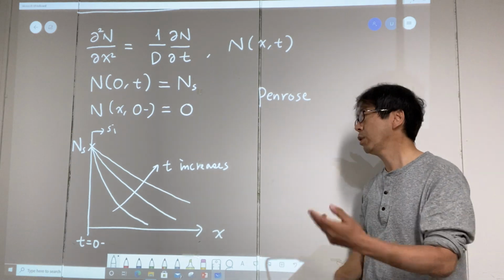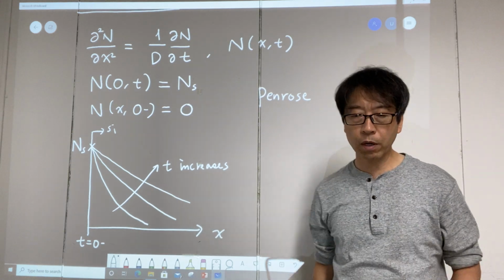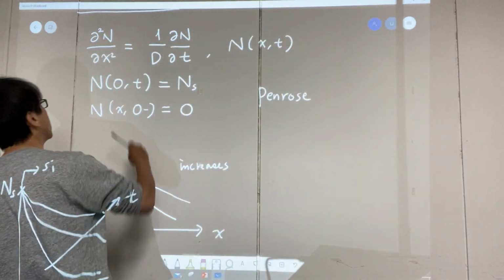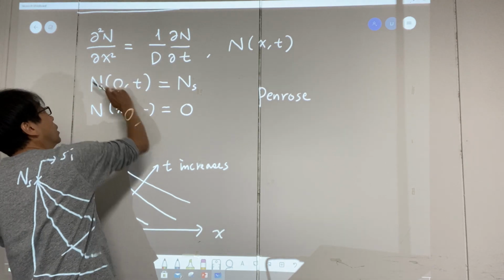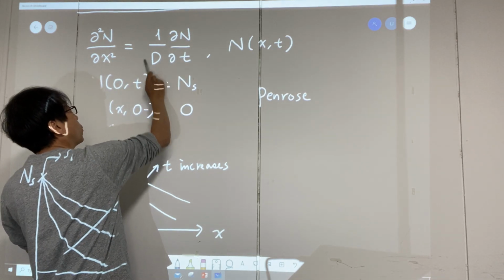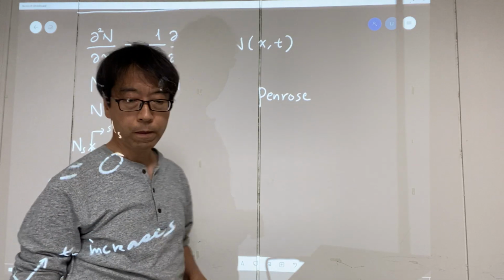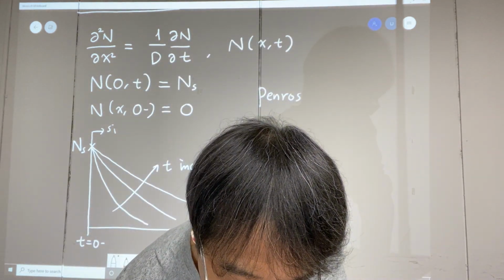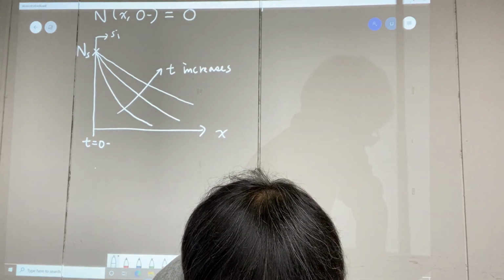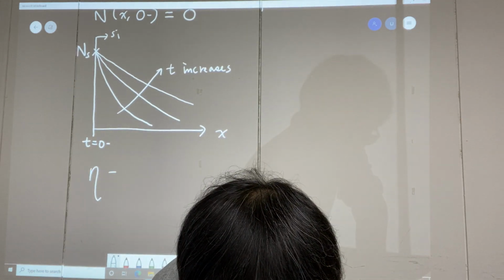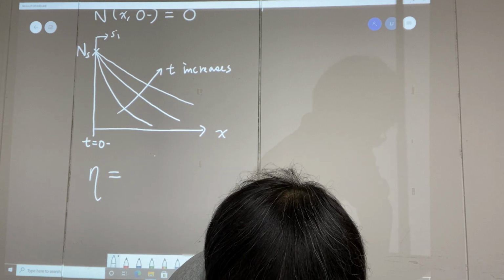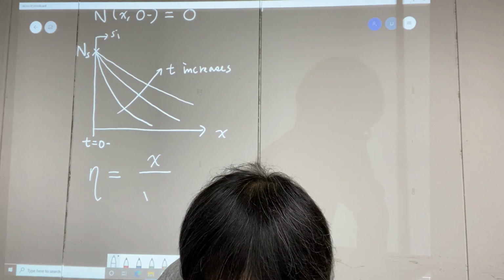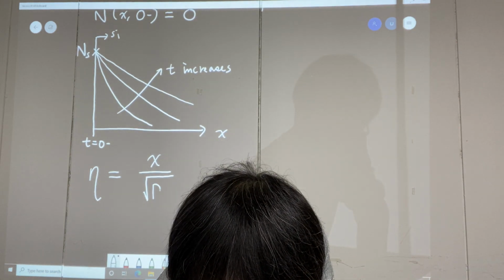So I try this, I try that, I try this combination. What's really important is that you have a square term here, and you have a singular term here with constant. And that gives us some kind of insight into this problem. So we can define a single variable as a mixture of two, which is x over, for example, square root Dt.